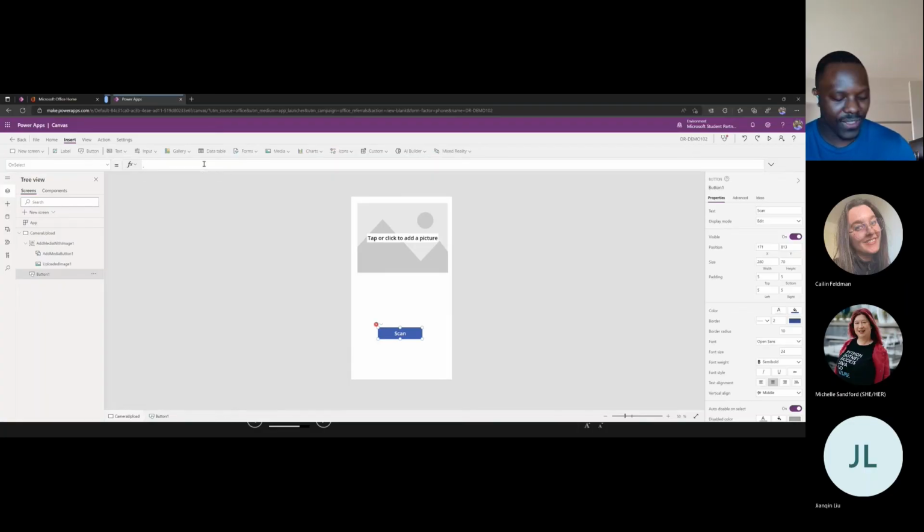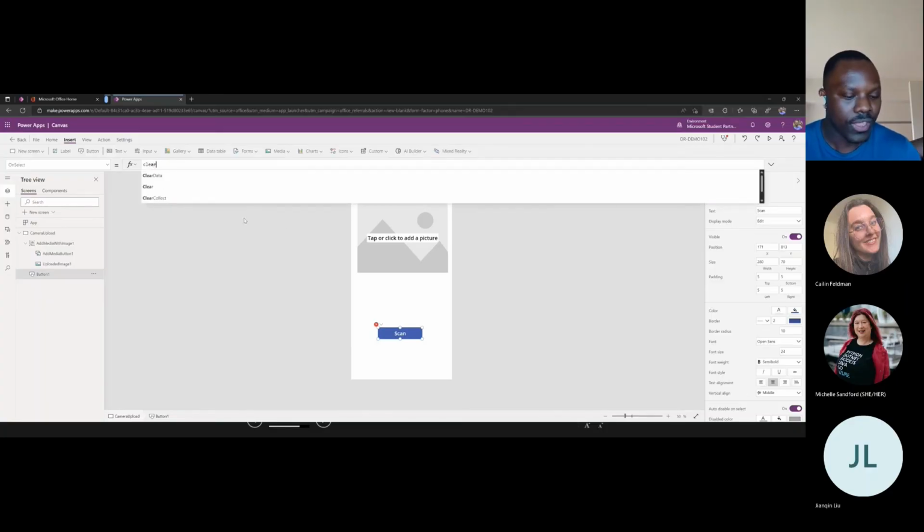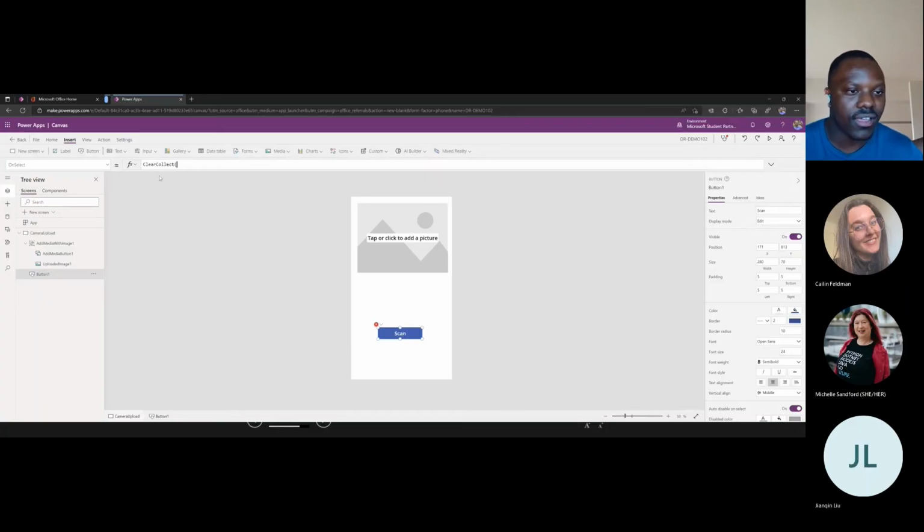And so to do that, there's certain variables that are within Powerapps. So first, how it would work is the moment you upload a picture, you actually need to save it in a temporary database. So these are called collections in Powerapps. So to do that, there's the clear collect. And so the reason why it's called clear collect is that this collect would be the database.